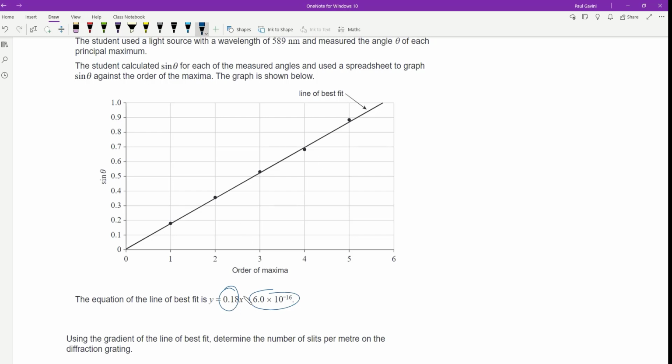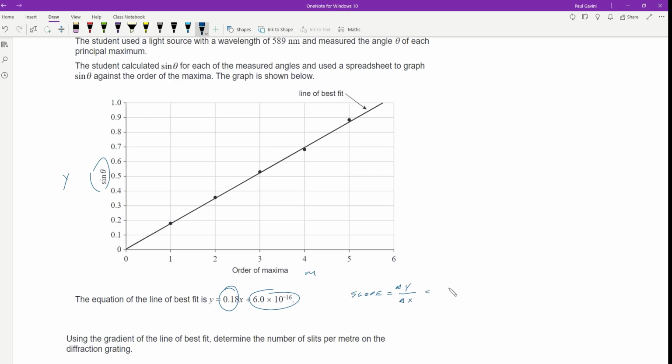However, this slope is the one we're going to be looking at, because when you get a question like this, when they say the slope, then they're actually looking at order of maxima, so that's your m values, and you've got your sine theta, which is your y values. Because remember, slope of a line, or the gradient, is equal to delta y over delta x.